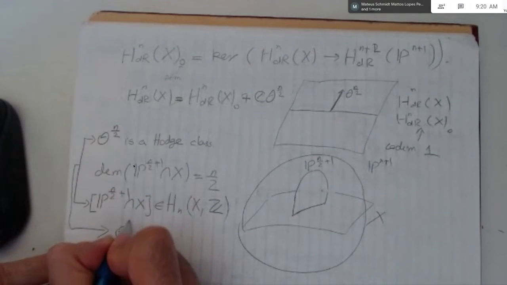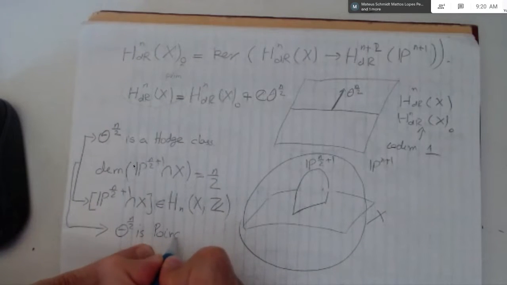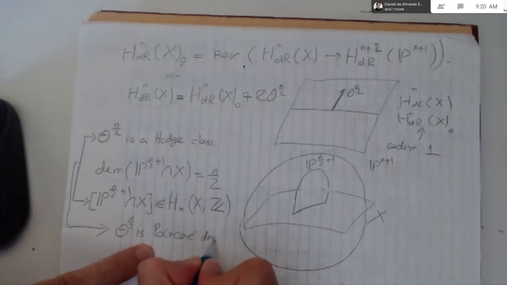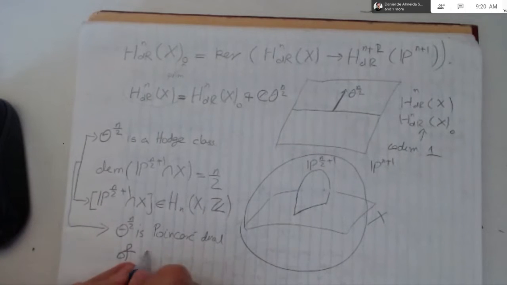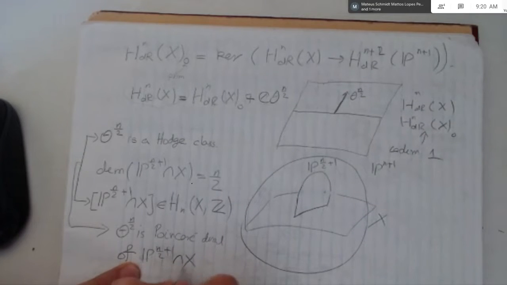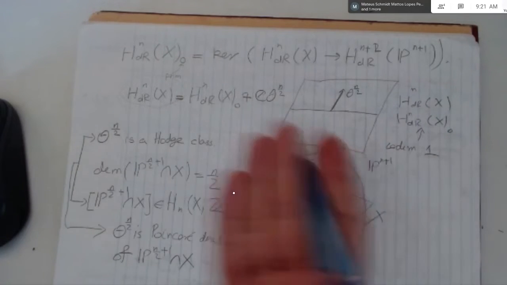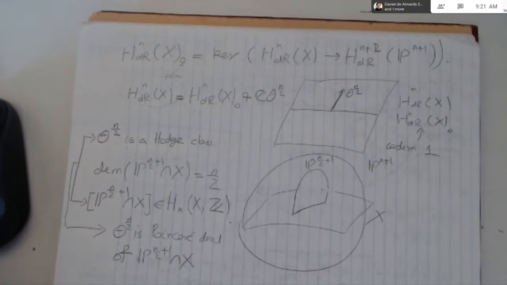Theta n half is the Poincare dual of this cycle. So this polarization is an algebraic cycle for free because of its definition, because the polarization is obtained by taking hyperplane sections of X.